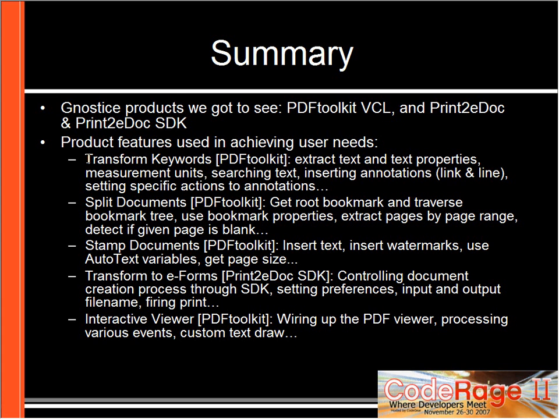And in the case of transforming keywords, we got to see how we can extract text and text properties from a PDF document, and work with measurement units, search text, insert annotations, and other types of annotations as well.